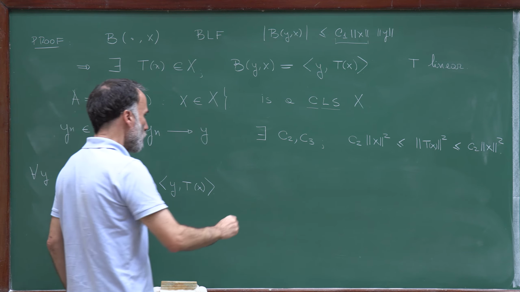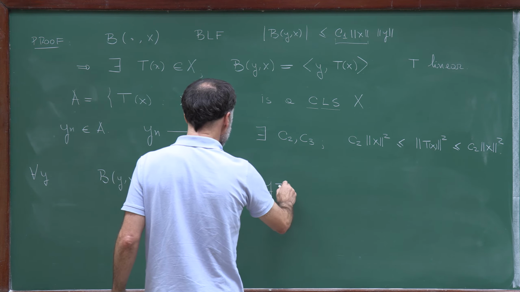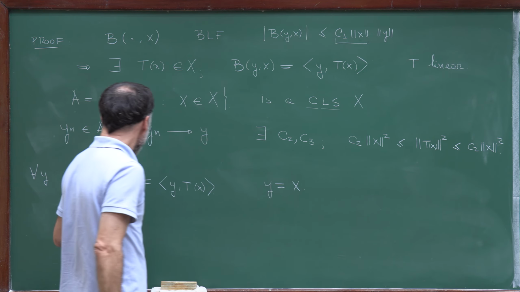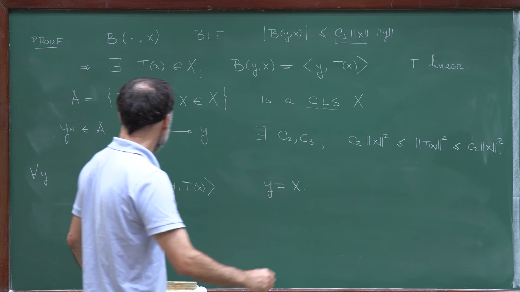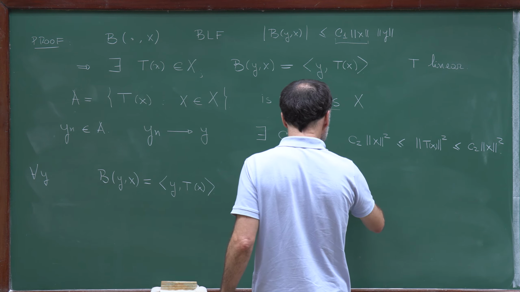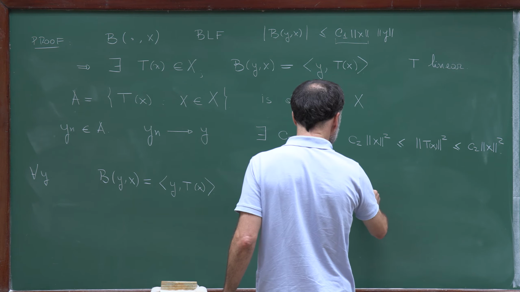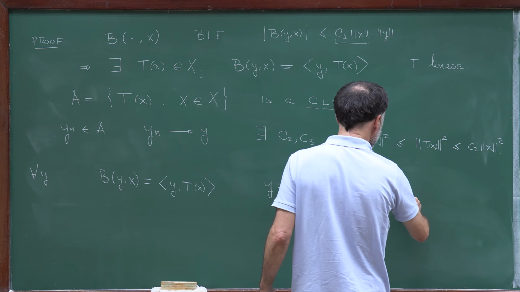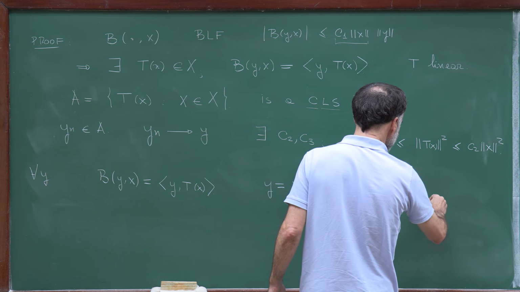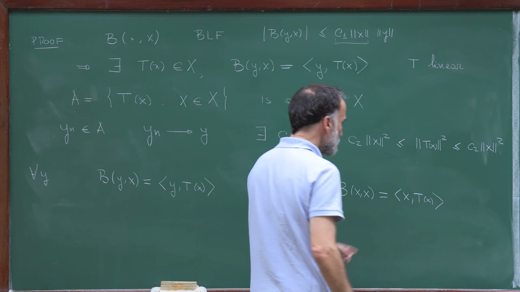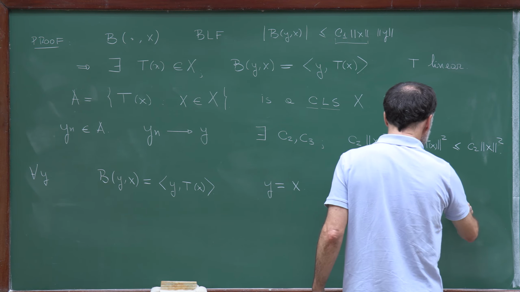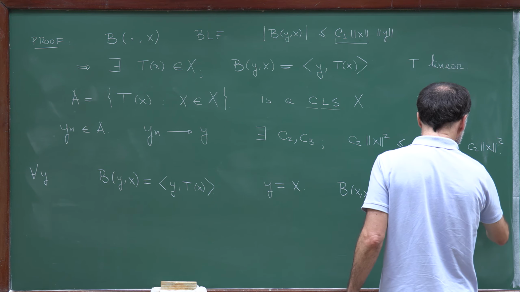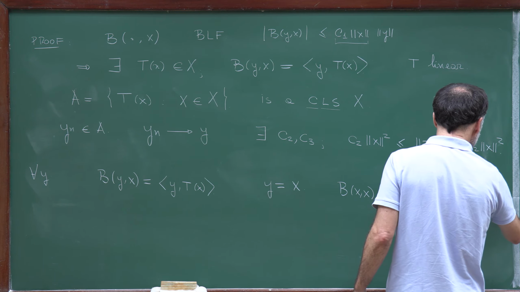So if I take y equal to x, what I get is that B(x, x) is equal to (x, Tx), and this by Schwarz inequality is bounded by the norm of x times the norm of T of x.